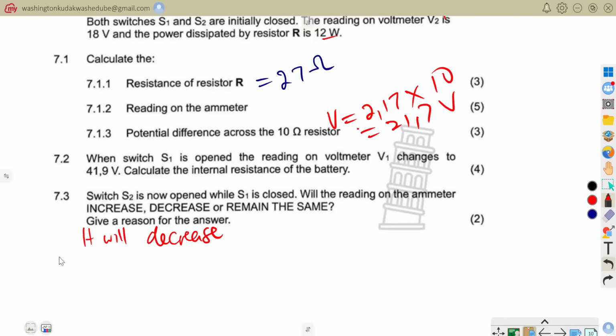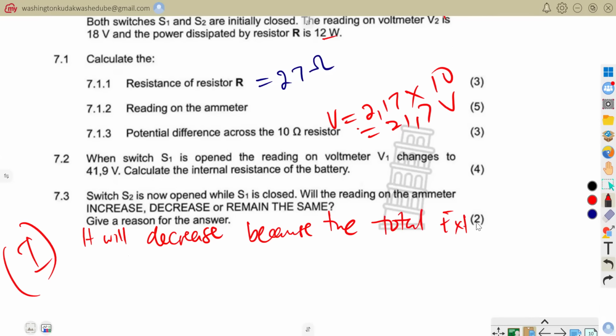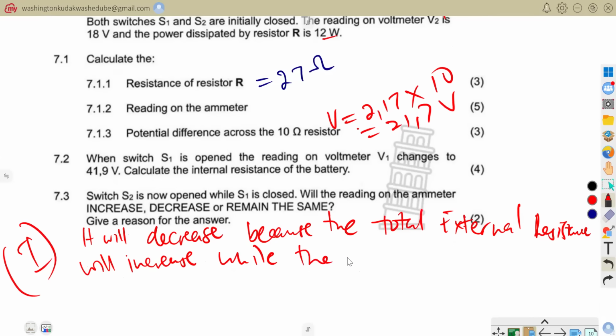It will decrease. So what is decreasing is current. Current is decreasing because the total external resistance will increase, while the total EMF and internal resistance remain the same.